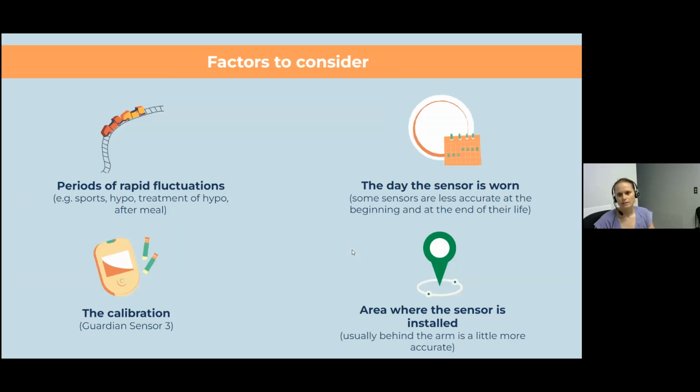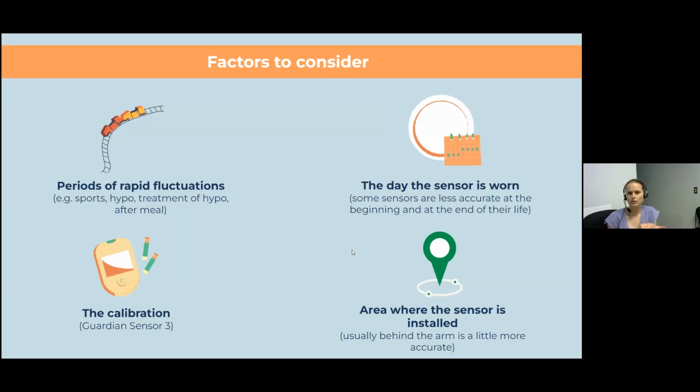So looking at some of these factors when we use CGM devices, we need to make sure that we understand that this delay can have more of an impact during periods of rapid glucose fluctuations.